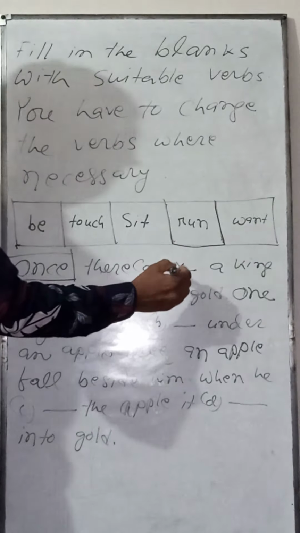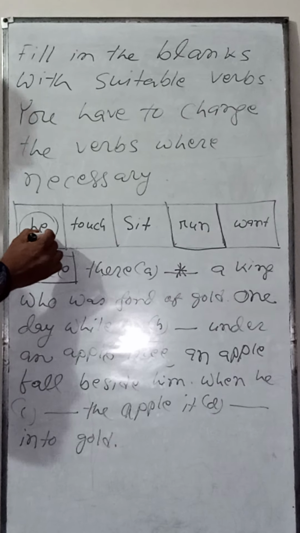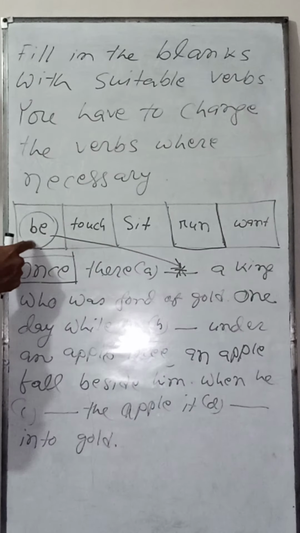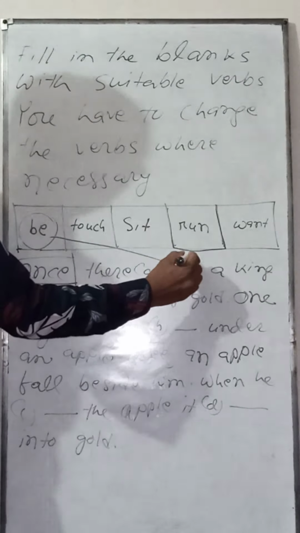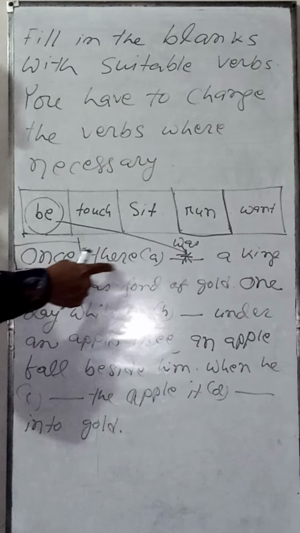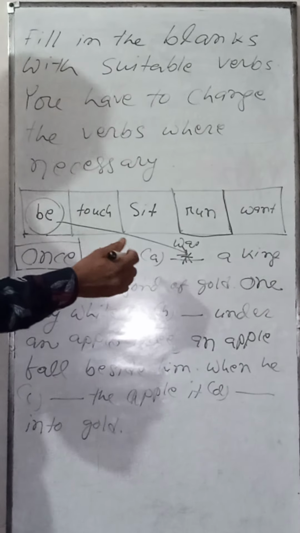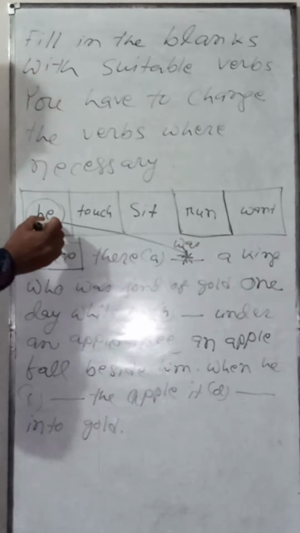Be means am, is, are, was, were, etc. And you have to write down here was, because once upon a time there was a king. Here you have to write down the past form of be, because this sentence is past tense.